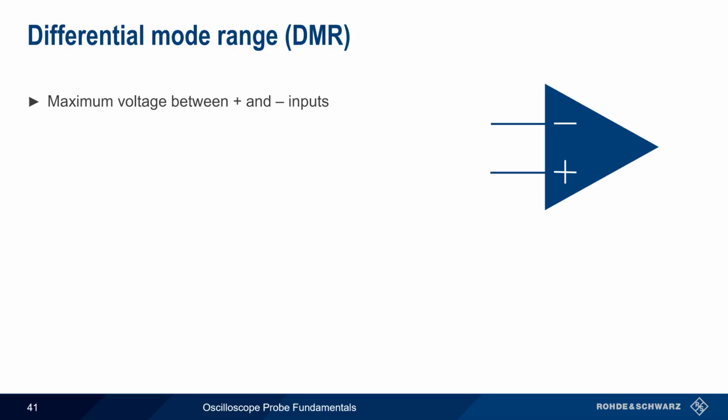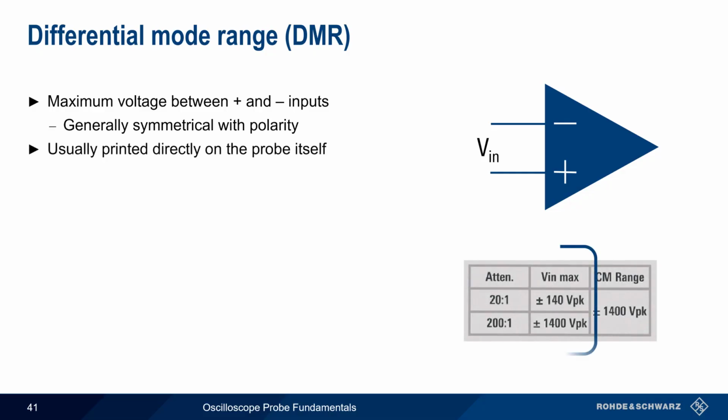A related specification is differential mode range, which is the maximum allowable voltage between the two probe or amplifier inputs. This value is generally symmetric with polarity. That is, it's the same from plus to minus and from minus to plus. Because it's important to know the maximum measurable differential voltage, this value is usually printed directly on the probe body itself.